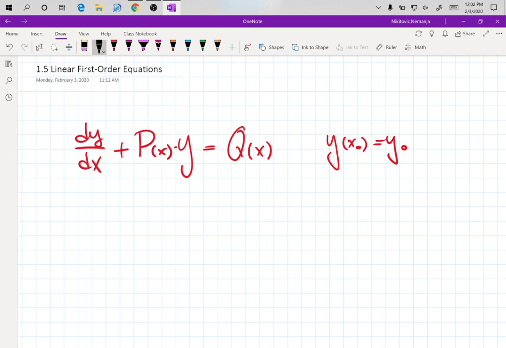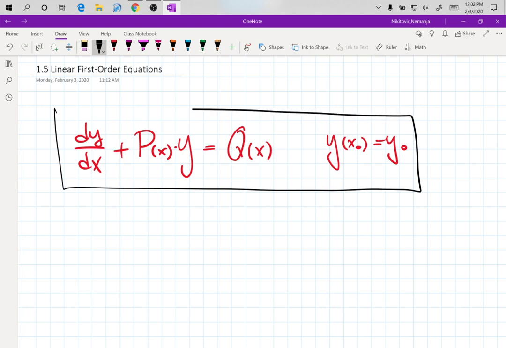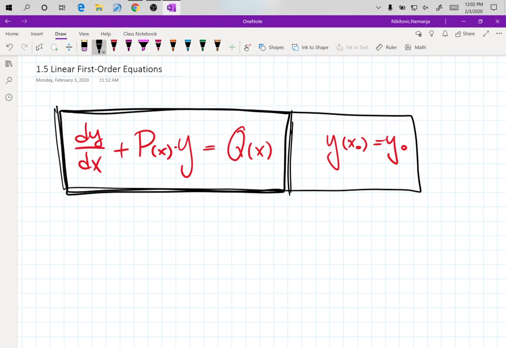So this is a differential equation. We do see the first derivative, dy/dx, and the functions p and q could be numbers, could be functions.